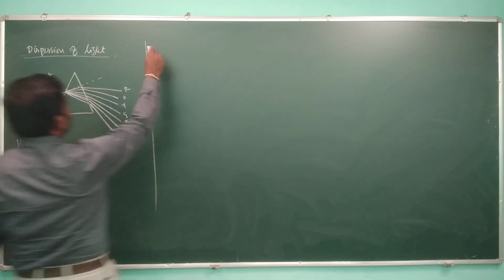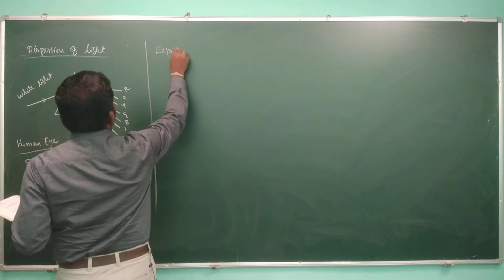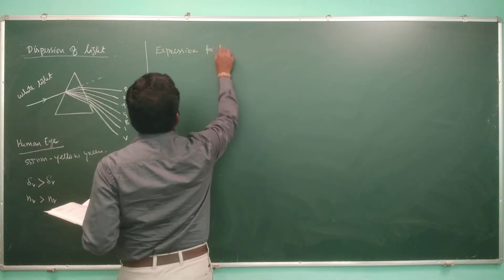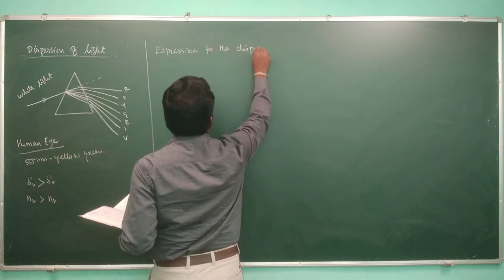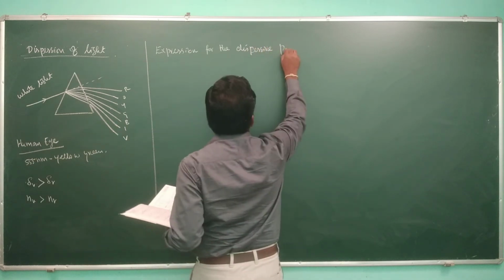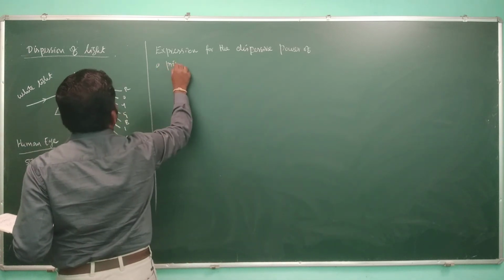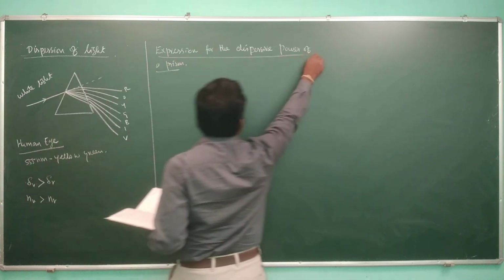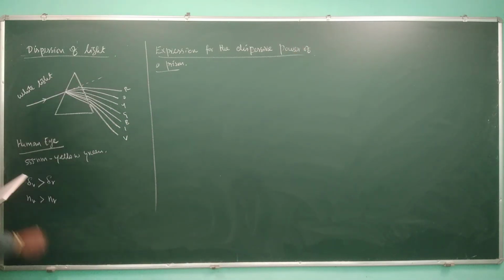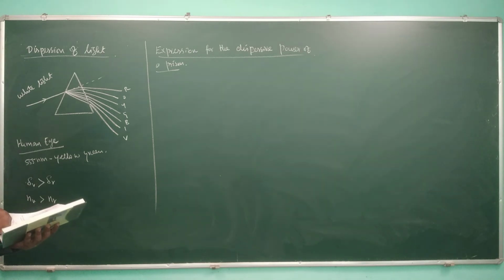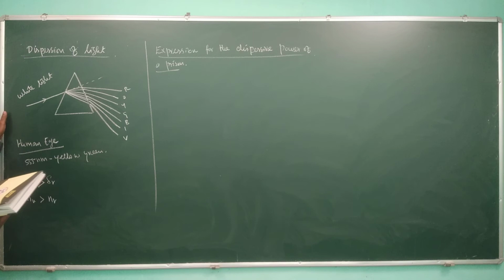Let us find an expression for the dispersive power of a prism. See, we should clearly understand what is dispersion, what is deviation, what is refraction.